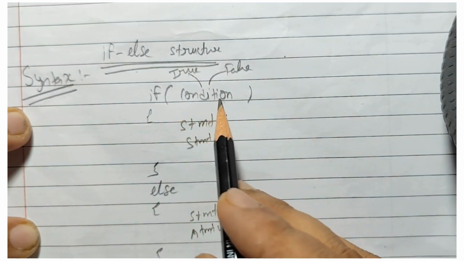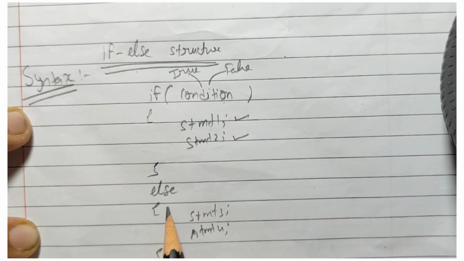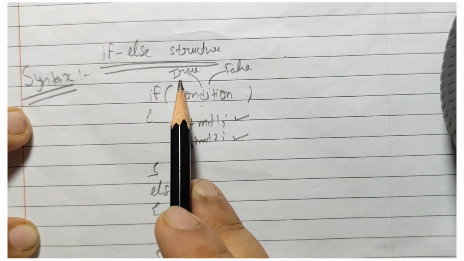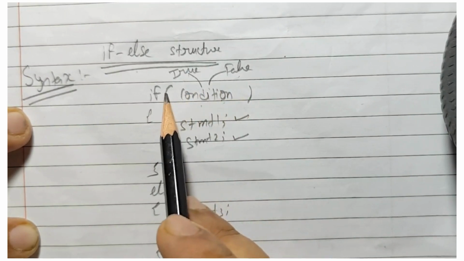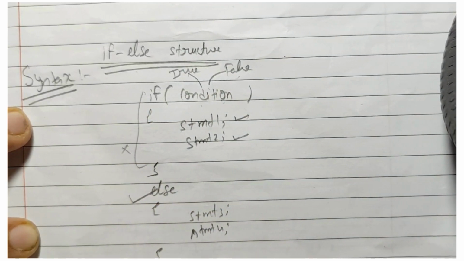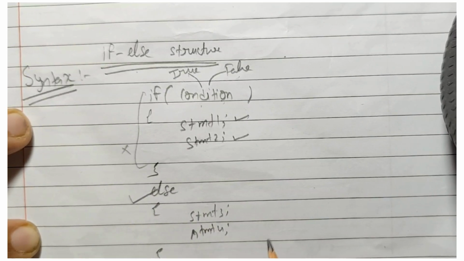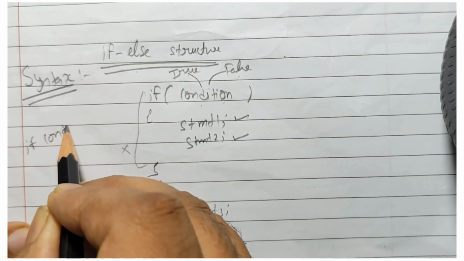If this condition evaluates to true, then only statement 1 and 2 are executed. Else is not executed in that case. If the condition evaluates to false, then the if block is not executed, only the else block is executed.